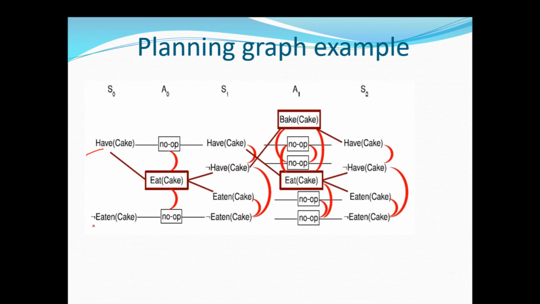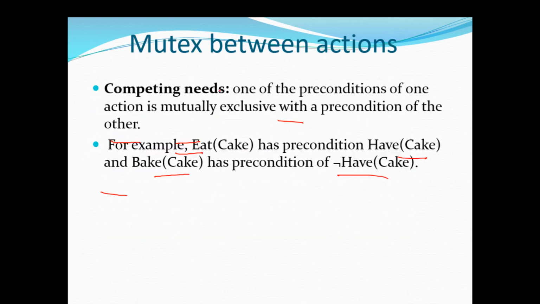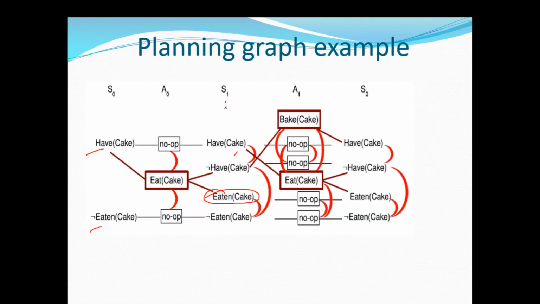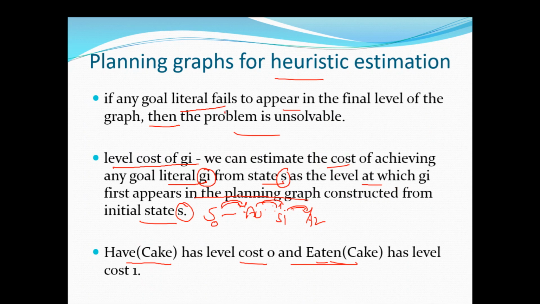Here we don't have eaten cake, here we have eaten cake. So eaten cake is available at which level? It is available at level 1. Hence we got this value. The level cost of have cake is 0. The level cost of eaten cake is 1.